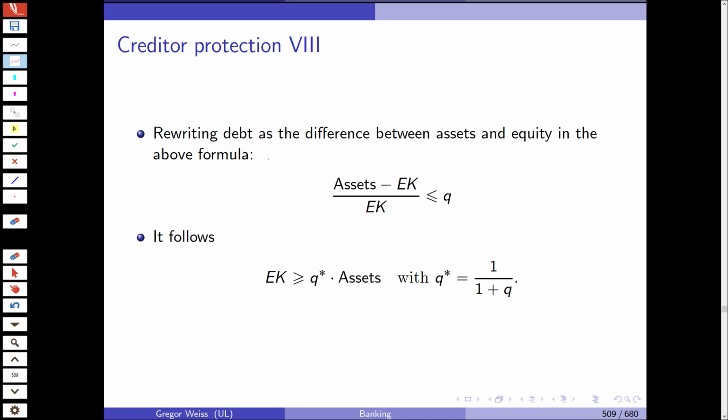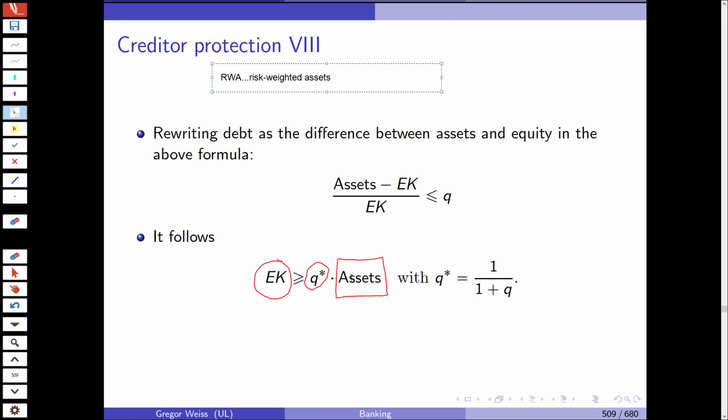In other words, what you can see is requiring the debt to equity ratio, in other words, a leverage ratio, to be above or below a certain threshold translates into a rule for bank equity: it has to be larger than what? A parameter Q star times the assets of the bank. And this is what is frequently done in banking. You will see that you are not looking at the assets, you will look at what we call RWA, risk-weighted assets.